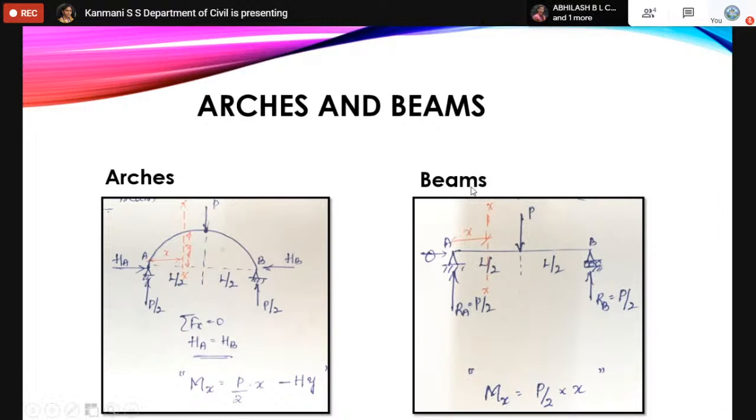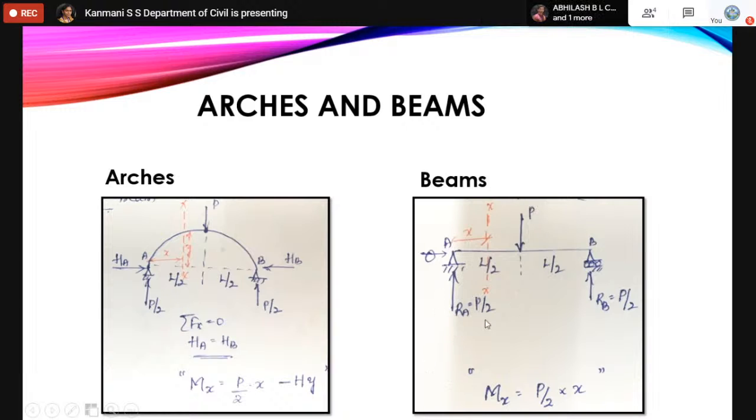Now I am taking moment about any section X. Then the sign convention will be sagging moment positive. The moment which creates sagging will be positive. If this is a member, and it sags like this, the moment which causes this member to sag is treated as positive. With that, left side clockwise moment is positive.